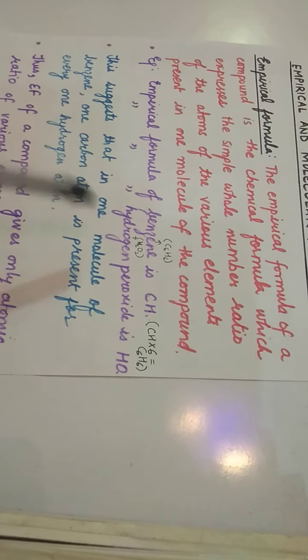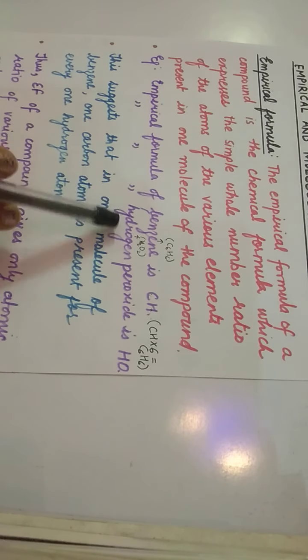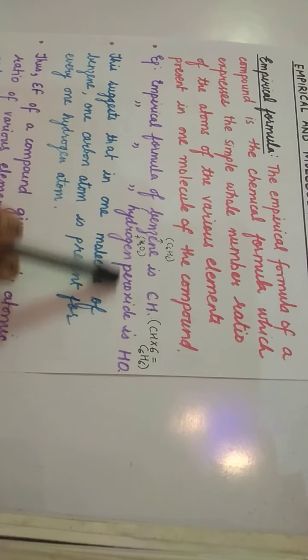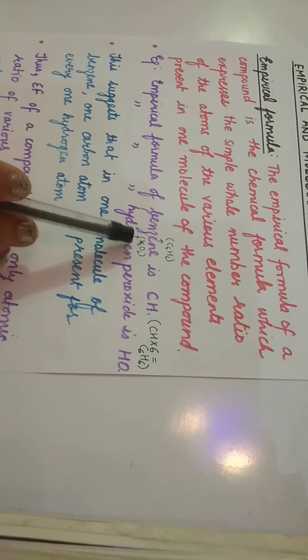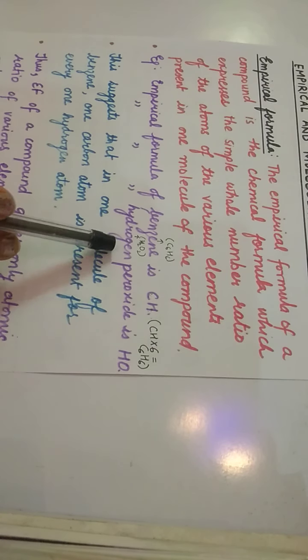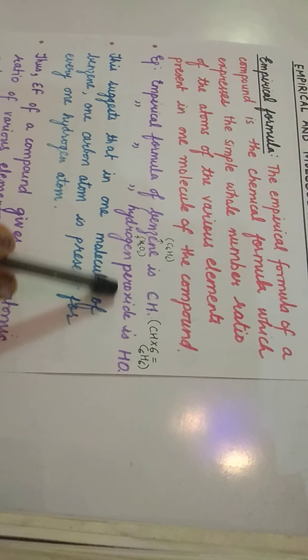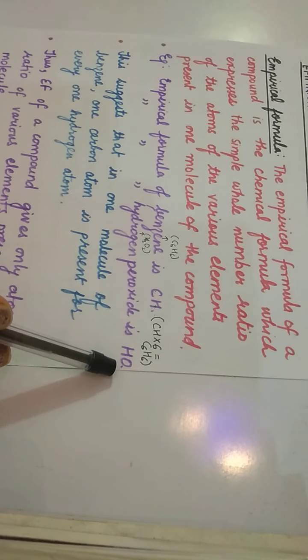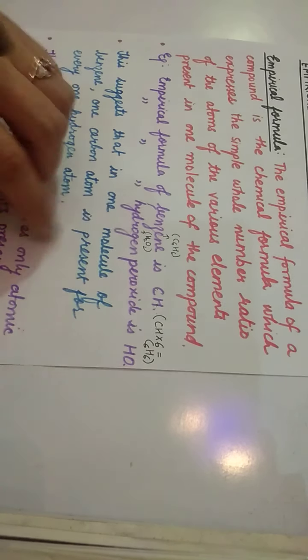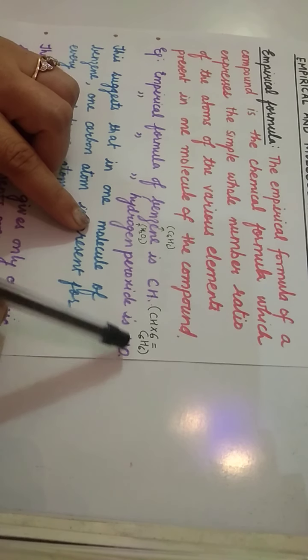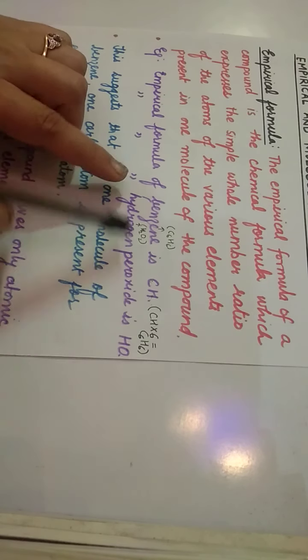In the same way, for hydrogen peroxide. Children, hydrogen peroxide is having the formula H2O2, and the empirical formula for hydrogen peroxide is HO. That is, for each oxygen atom, there is one hydrogen atom.